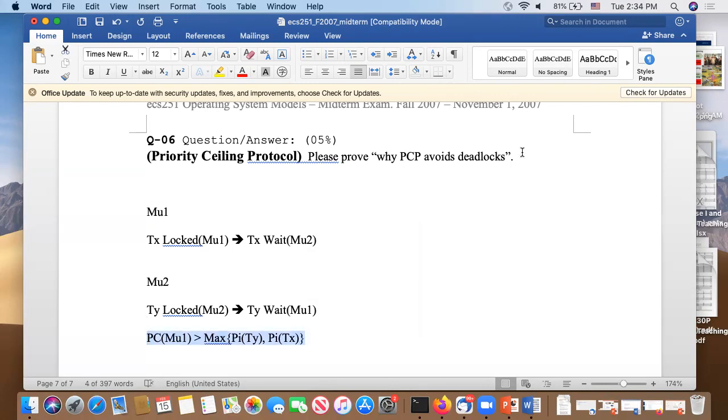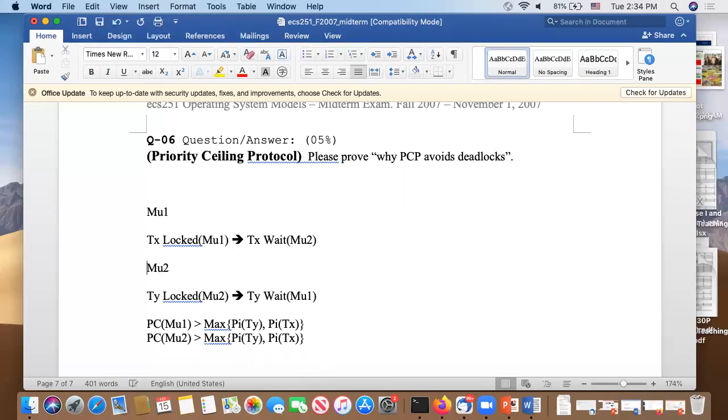Similarly, it's the same for MU2, so both of their ceiling values have to be greater. Now let's look at the case where PC of MU1 is greater than PC of MU2. Just say one is greater than the other.